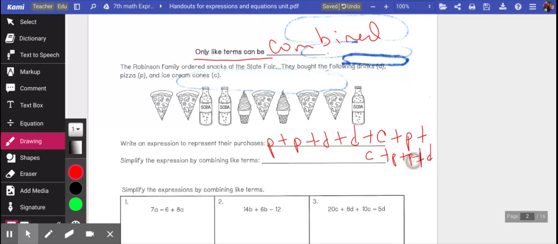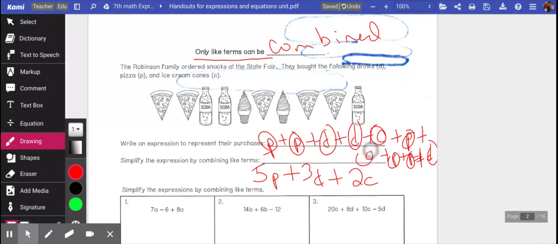And then if we simplify that expression by combining like terms, we have 1, 2, 3, 4, 5P. So we write that 5P plus, and then we have 3 drinks, so 3D, plus 2 cones, because 2 C's.